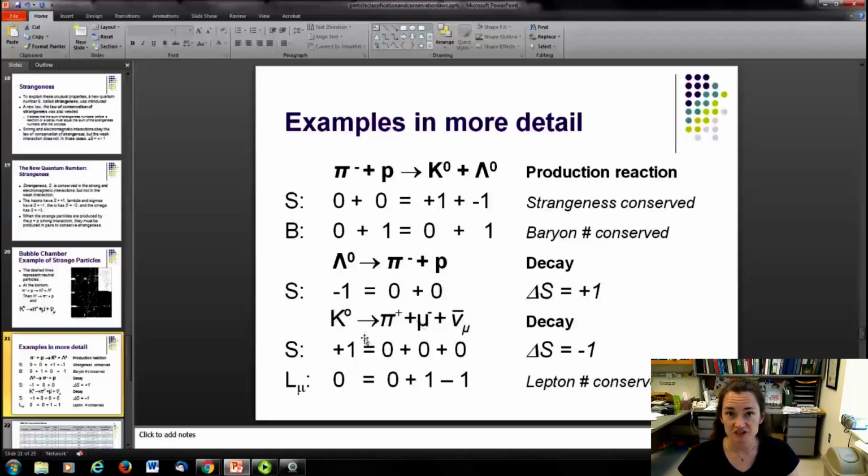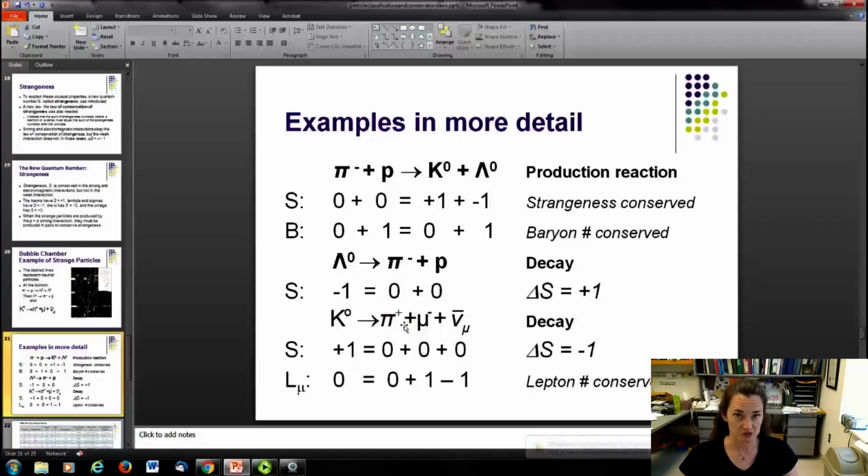All right, let's move on to this third reaction. Here you have a kaon decaying into a pion, a muon, and then the antineutrino for the muon. So here, the strangeness number for the kaon is +1, but the strangeness number for everything on that right-hand side is 0. Muons and the neutrinos, those are leptons. They're not strange because they're leptons.